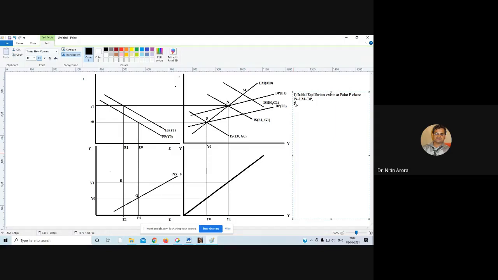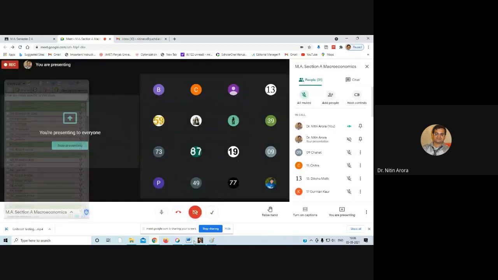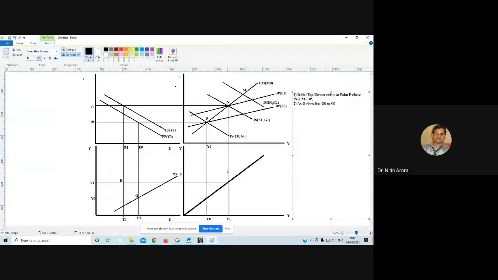Number two, as government expenditure rises from G naught to G1, what happens?